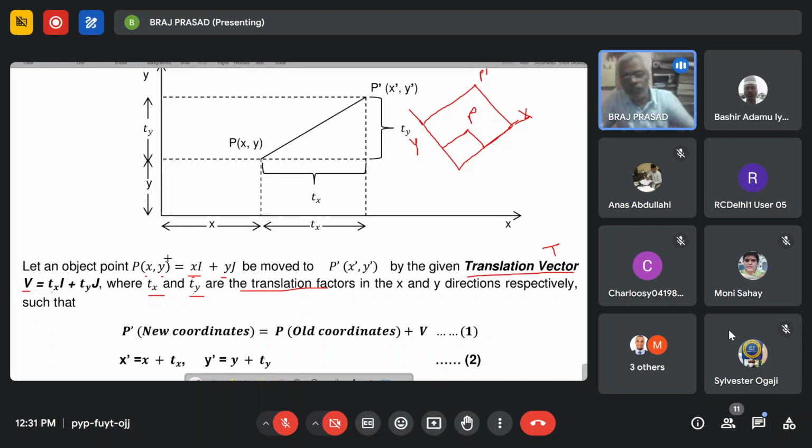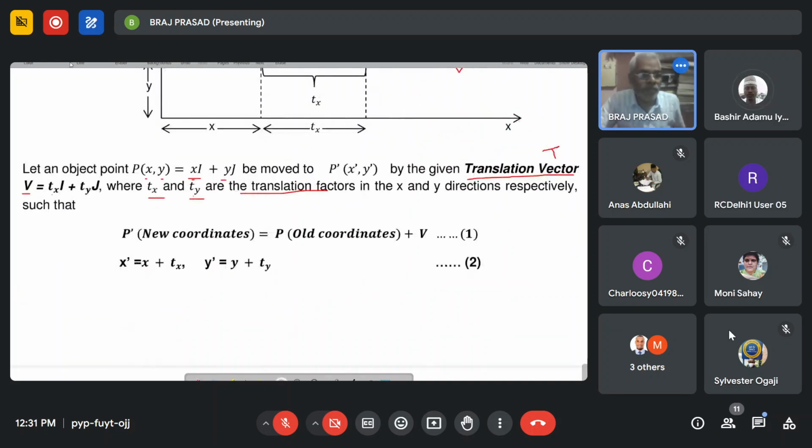Now we can formulate all these things in mathematical form. In mathematical terms we can say p dash is the new object after transformation, p is the old coordinate, plus v is the translation vector.